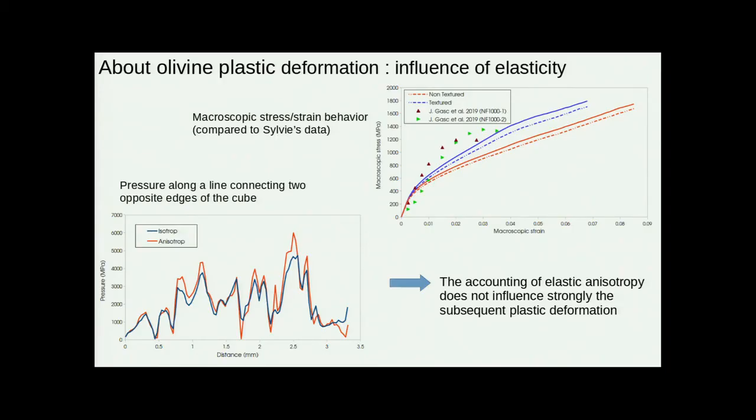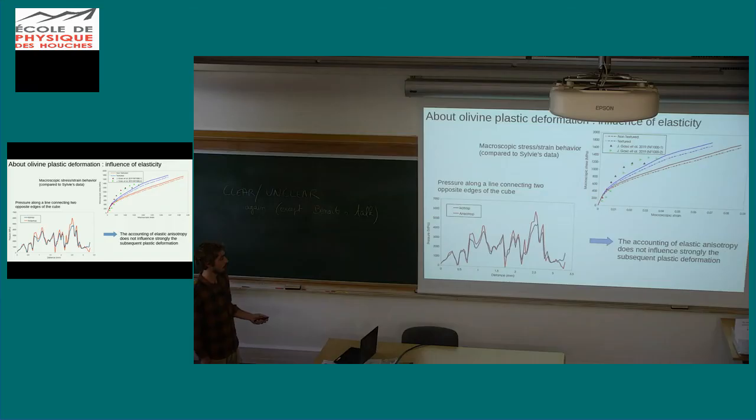If we look at the macroscopic mechanical behavior, you can see that there is no strong difference. The dashed lines are the anisotropic ones, and the full lines are isotropic. The dots are the data of Julien Gasc that Sylvie presented at the beginning of the week.